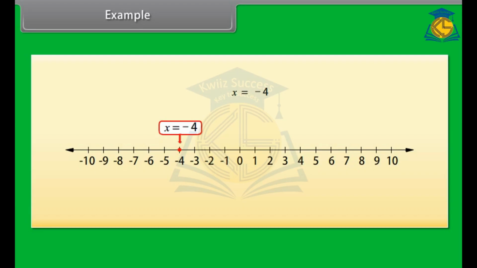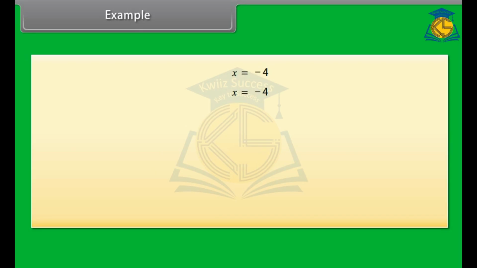Now we know that x is equal to minus 4 can be written as x plus 0y is equal to minus 4. And this becomes a linear equation in 2 variables. So the equation reduces to x is equal to minus 4. So we get the first solution of the equation, that is minus 4, 0. Since the value of x will always be minus 4, the other solution of the equation is minus 4, 2.